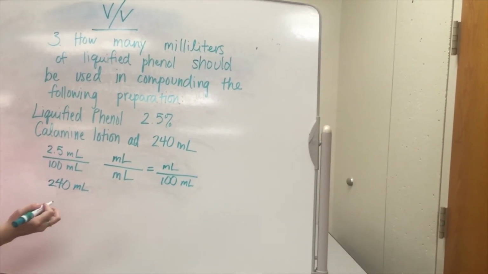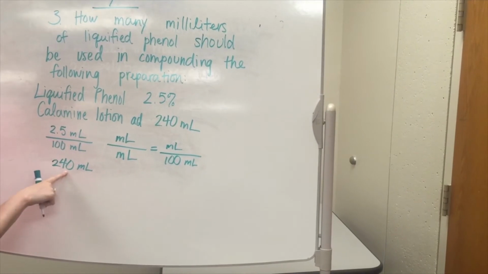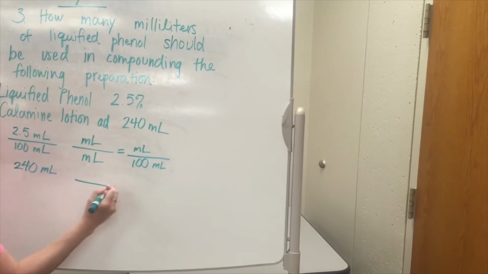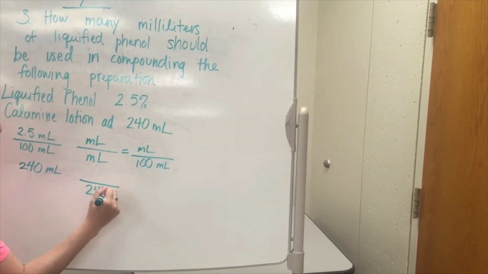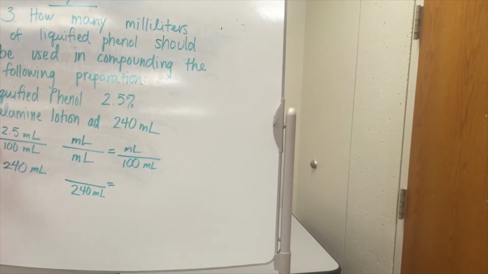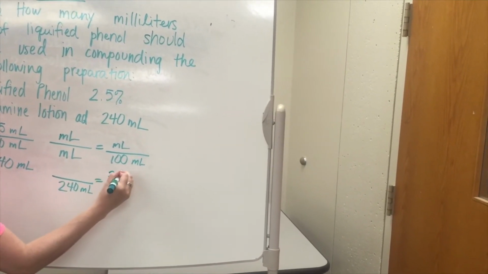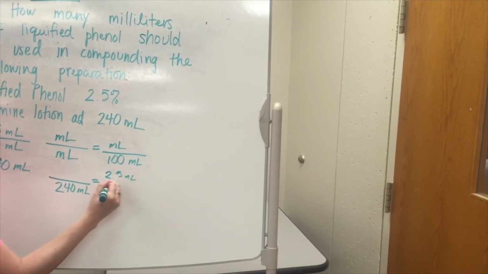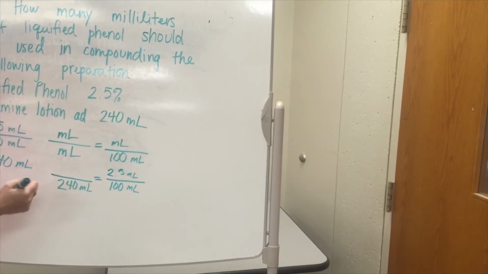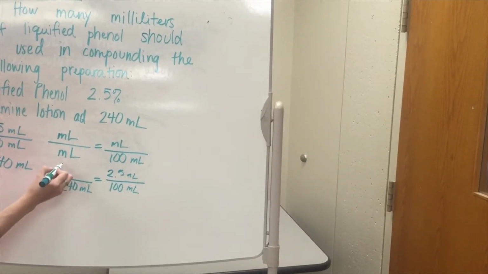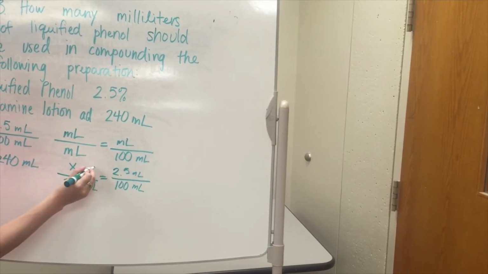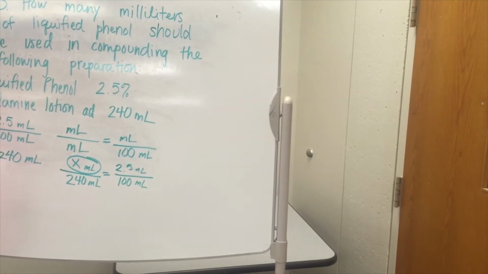So plugging in everything here, we have our total volume, which is going to be on our bottom, on the left side of our proportion. We have our percentage as 2.5 over 100 mLs. And now the only thing left that we're looking for is going to be these mLs up here. So circle what we're looking for.